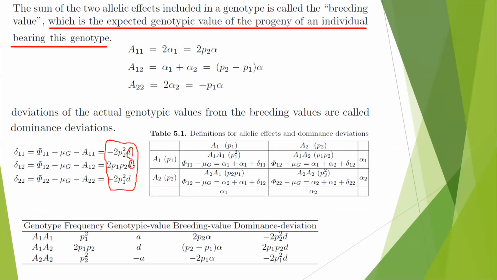Not A. So this deviation of the breeding value from the expected genotypic value is due to the dominance effect. So here we give this a name called the dominance deviation.